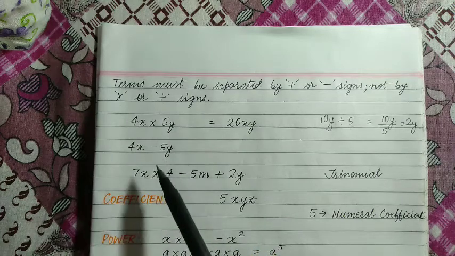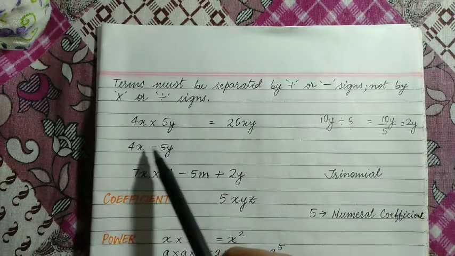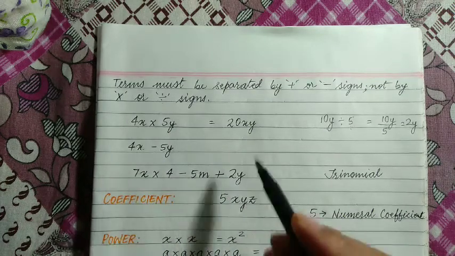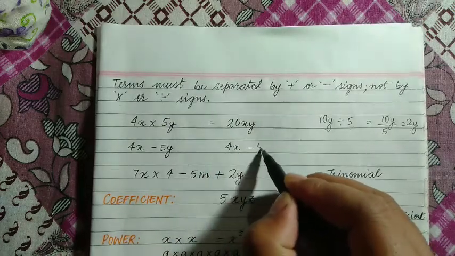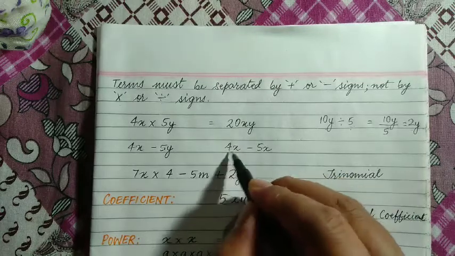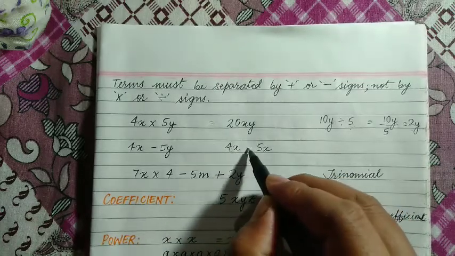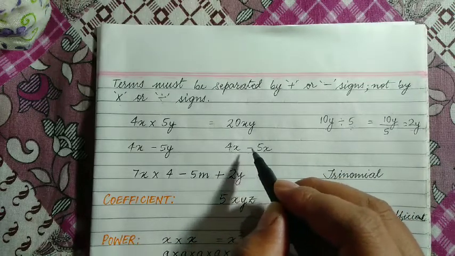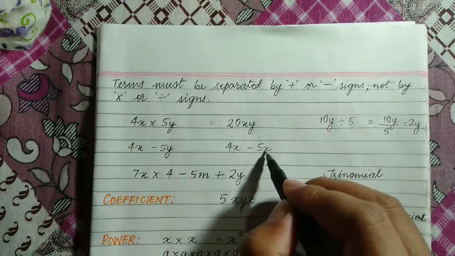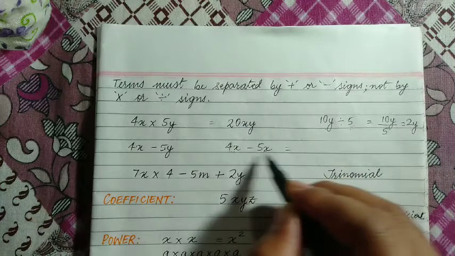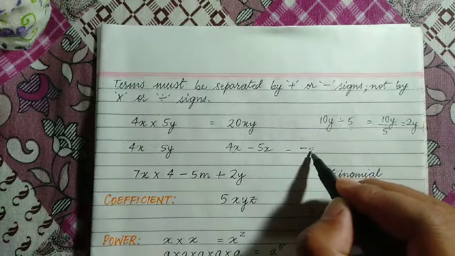Over here you need to remember that they must be unlike terms. If it is 4x minus 5x, the two terms are separated by a plus or minus sign, but since they are like terms, they may be simplified into a single term.